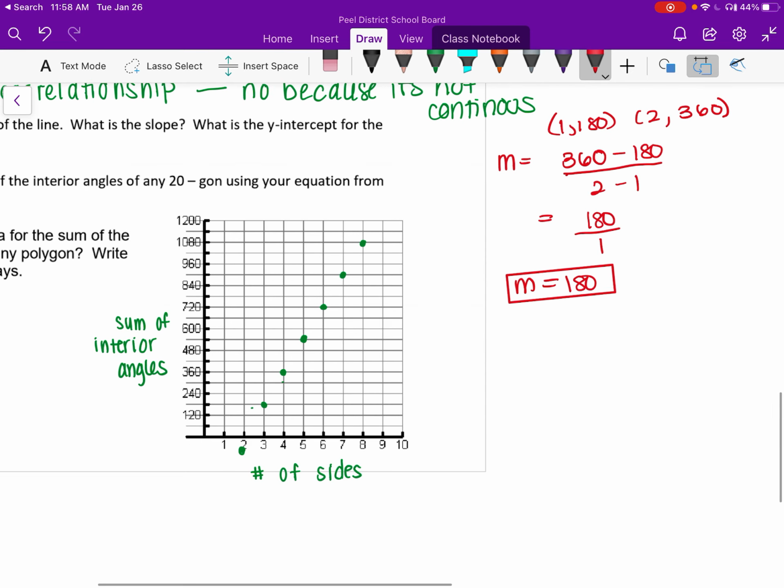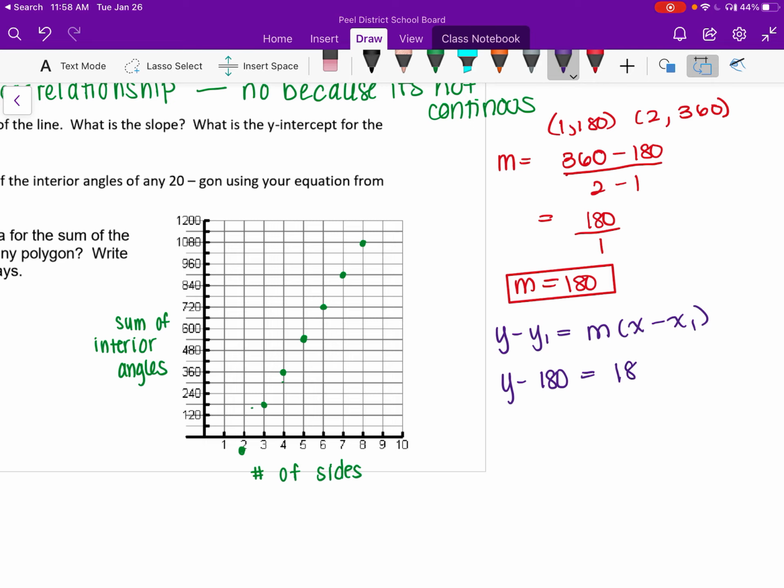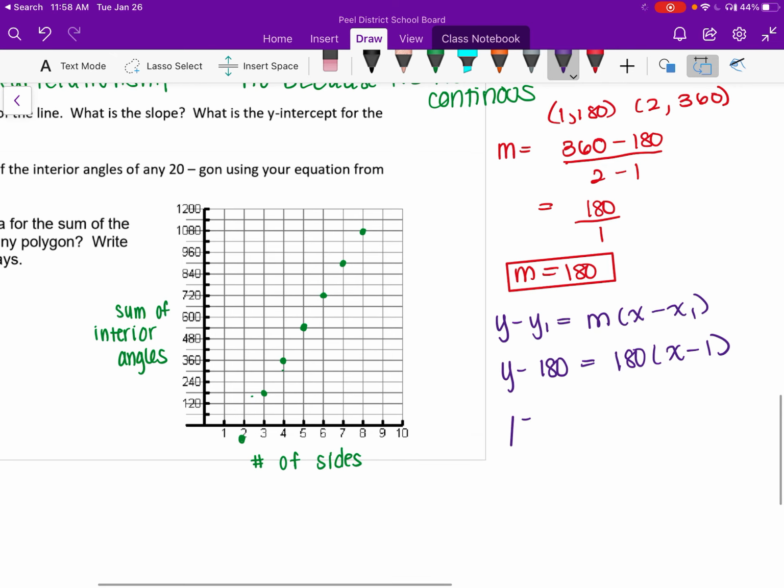Now I'm just going to use my point-slope method. So y minus y1 equals m times (x minus x1). You could also just plug this into y equals mx plus b, it doesn't matter which way you do it. So y minus 180 equals 180 times (x minus 1), because I'm lazy. I'm going to move it to the other side, so it's plus 180, and distribute this in as well.